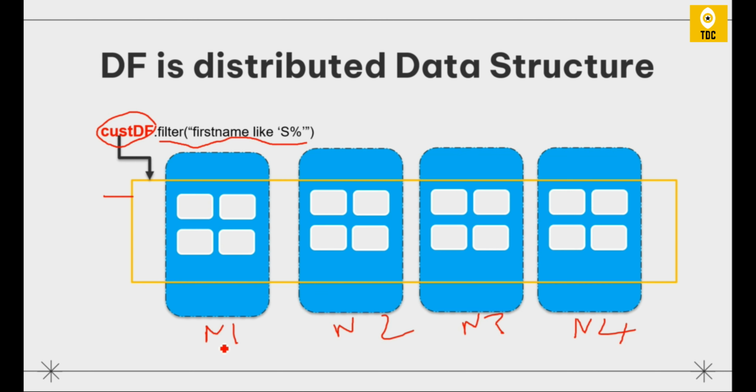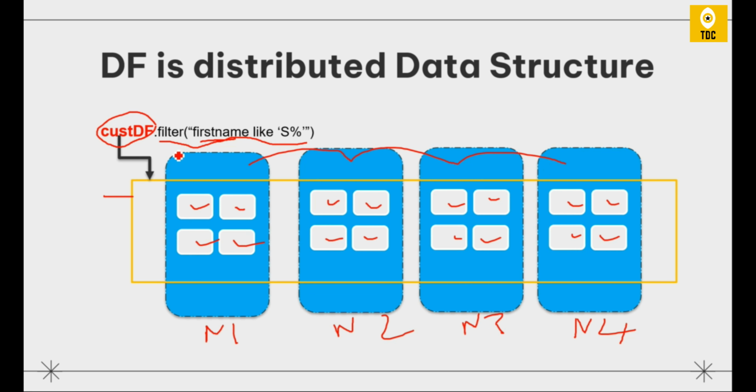But physically, once this request is made, the first name starting with S will be searched in node one and all of these partitions, and parallelly it will be checked in all the other partitions. All this searching will happen in parallel.